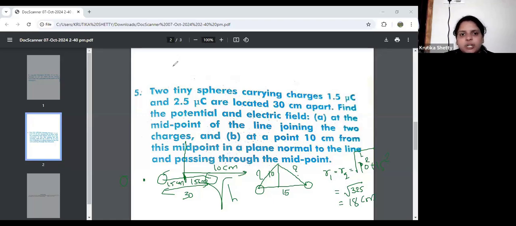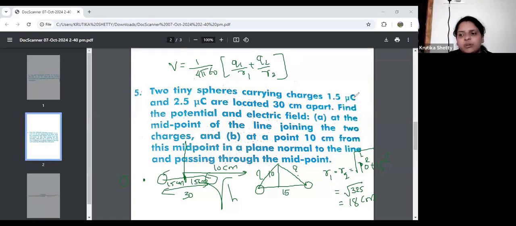The resultant potential is given by 1 upon 4 pi epsilon naught, and inside the bracket q1 by r1 plus q2 divided by r2. You can try it as homework. Do the same way we did previously. 1 upon 4 pi epsilon naught value is 9 into 10 raised to 9.